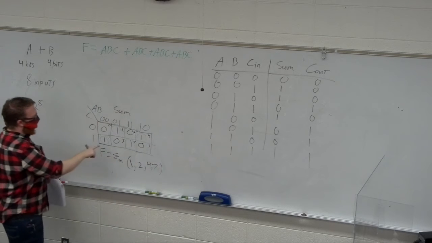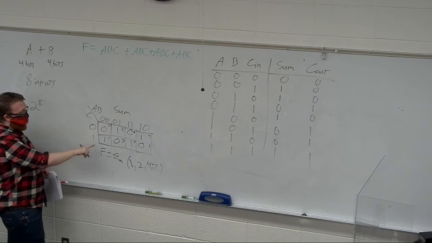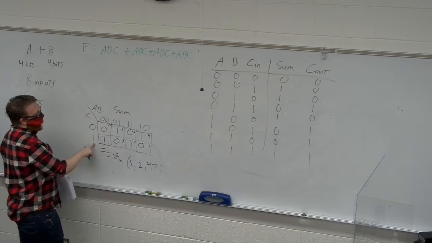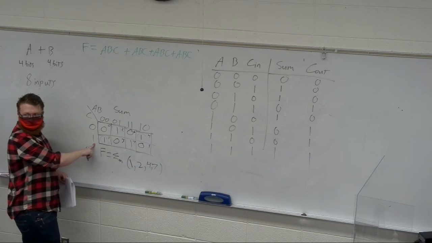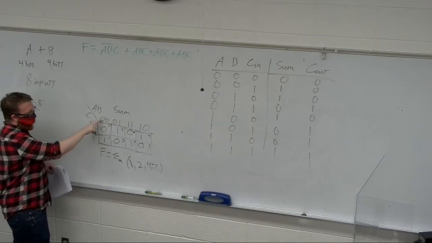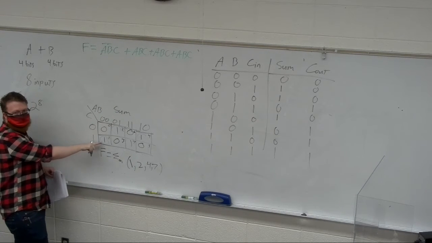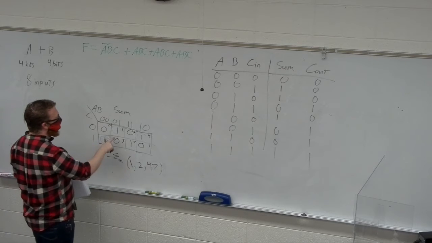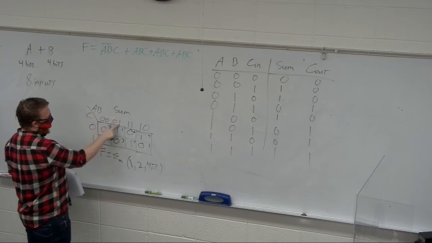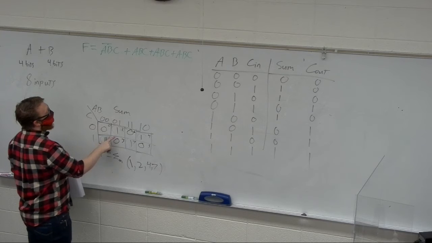And now I can just start looking to see which ones have bars over them. So in my first term, everything but a C has a bar, right? So A and B bar, because A and B are zeros. C is 1, so it's a 1. Term 2, A is a 0, B is a 1, C is a 0.